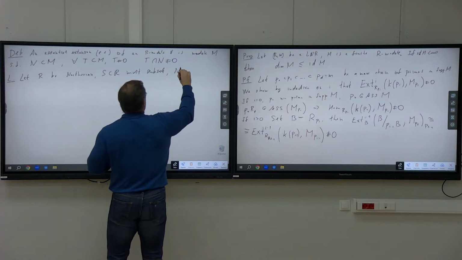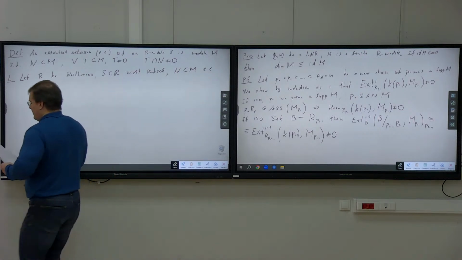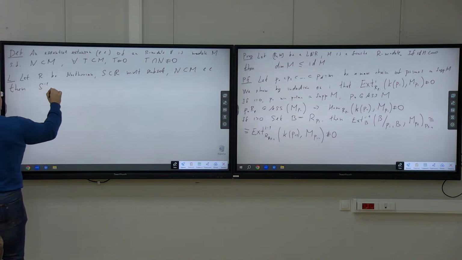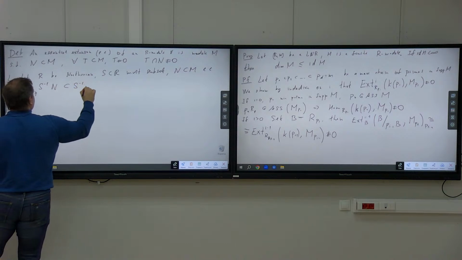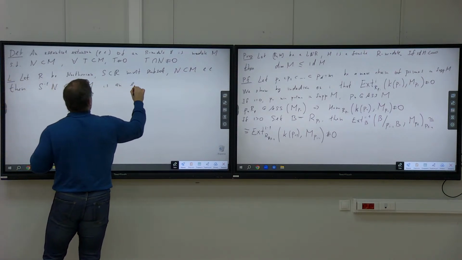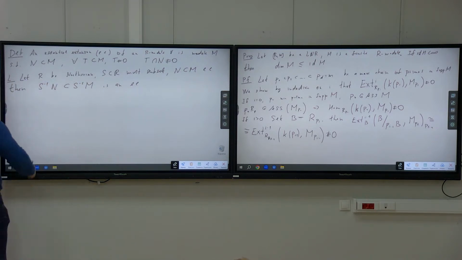And suppose we have N inside M, an essential extension, then the localization of an essential extension is an essential extension. That's kind of one of the crucial observations. We're going to use this several times later.